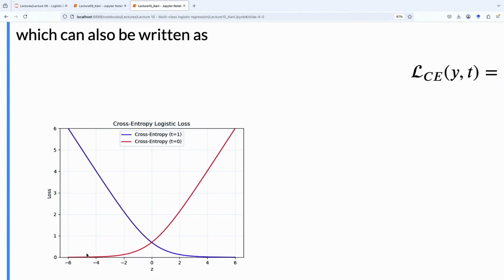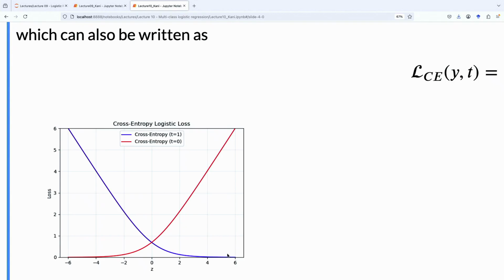That makes sense, as I've said. The z being very negative corresponds to the model believing the label is negative, right? Which is bad. So we want the loss to be large. But if the logit z is very positive and the true label is 1, then the loss is going to be nearly 0, which again is what we want. The logit being very positive means that the model believes the label is positive, which it is, so we want the loss to be 0.